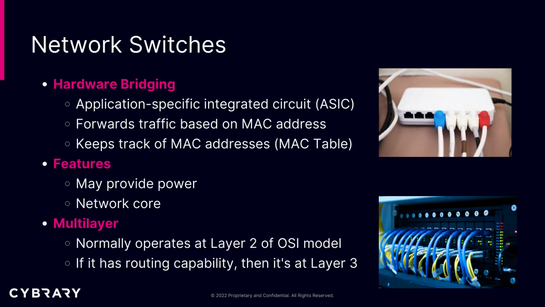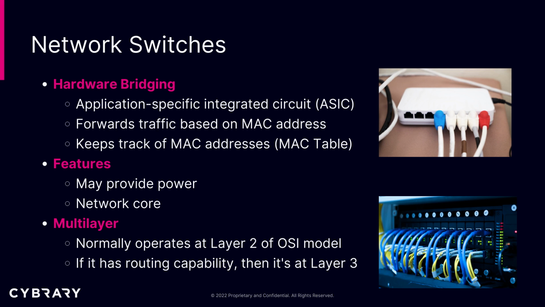One of the backbone components of your network would be a network switch. The switches make the connections throughout the LAN environment and sometimes the WAN environment. It's like hardware bridging, and the switching decisions are made in what's called the ASIC, the application-specific integrated circuit, and that's where all of the forwarding decisions are made.